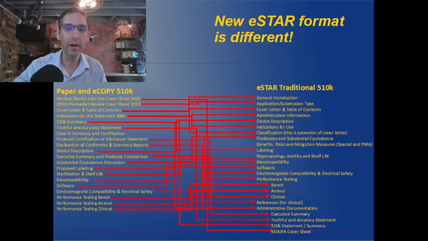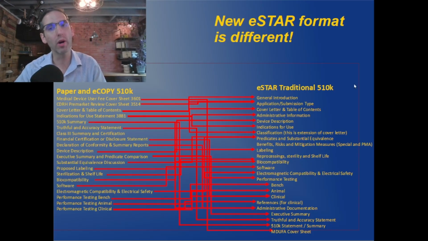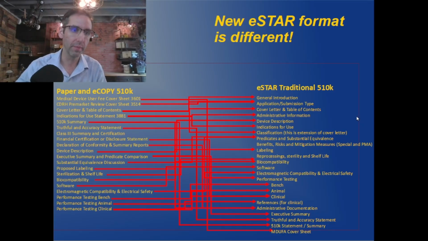The eSTAR is completely different. Those documents are going to be very similar. In fact, there are actually more requirements in the eSTAR than before because of updated guidances. So it does not make it easier. The eSTAR is actually more complex than the original way, particularly with biocompatibility, software, and cybersecurity.